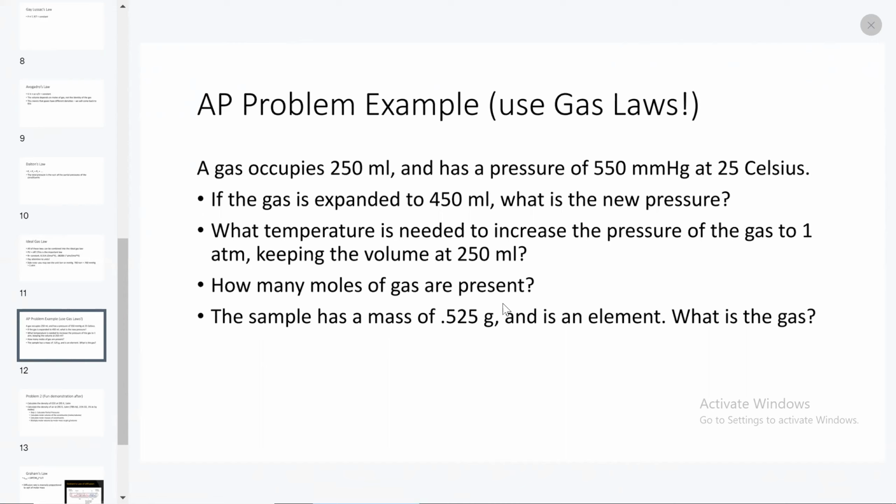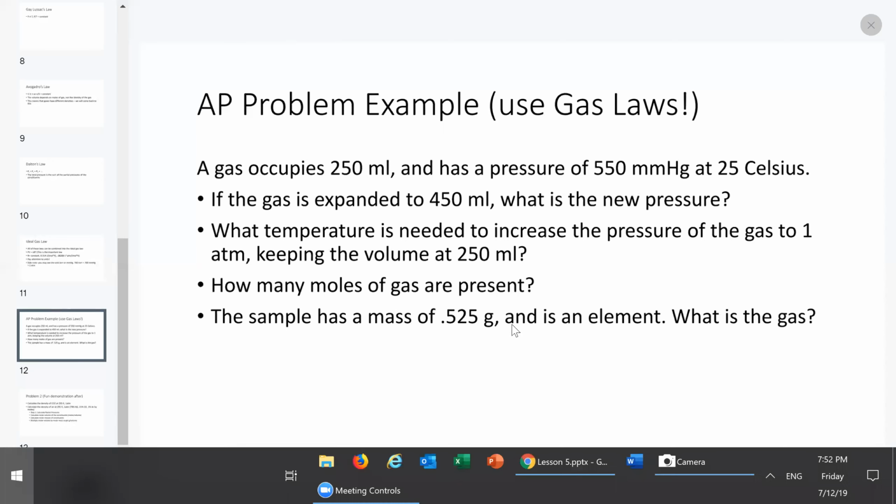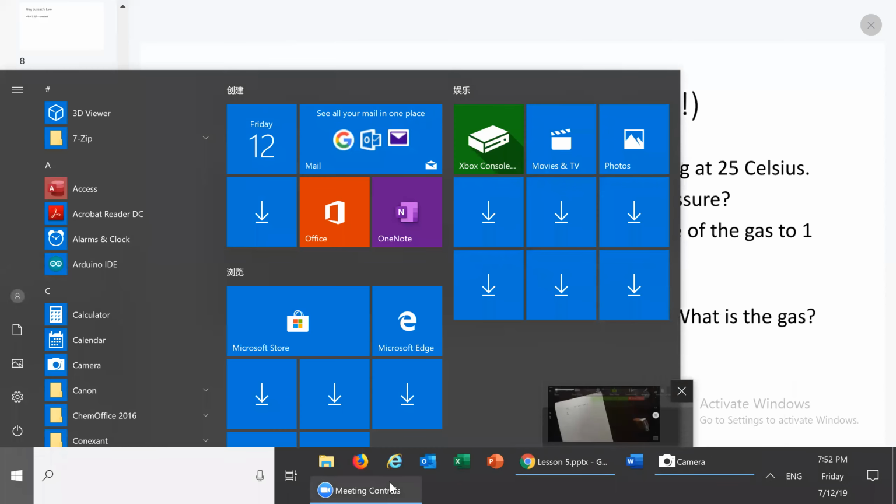I don't think anyone actually uses 273.15, so you can just use 273. That's good enough. Now the gas expands to 0.45 liters, and everything else is kept the same.